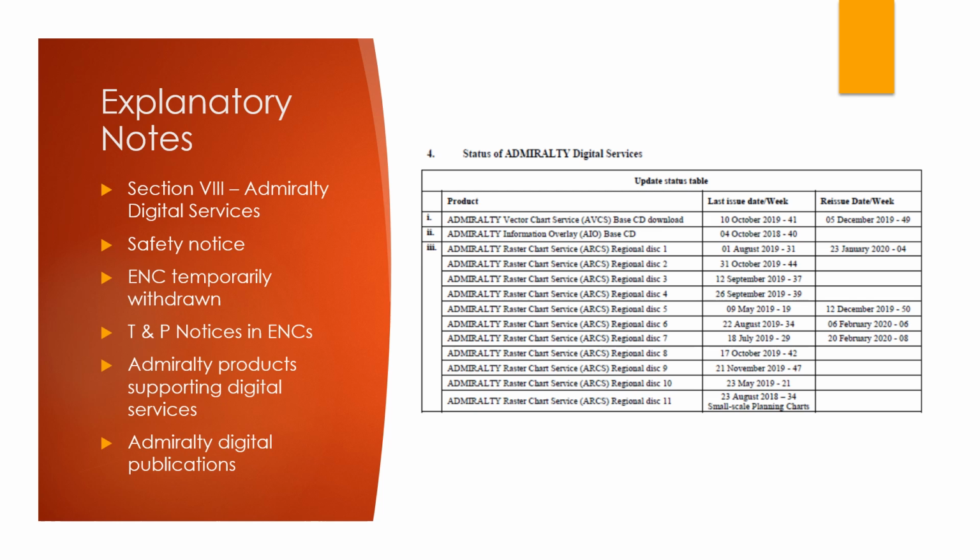So any safety notices which are issued with respect to the electronic navigation charts or ECDIS are issued here. If there are any charts or electronic charts which have been temporarily withdrawn, that is also provided here. If there are any temporary and preliminary notices to mariners, so T and P notices, in electronic charts, again it is provided here.